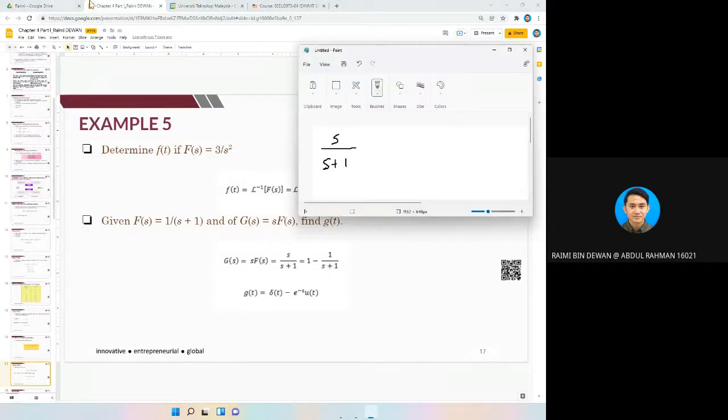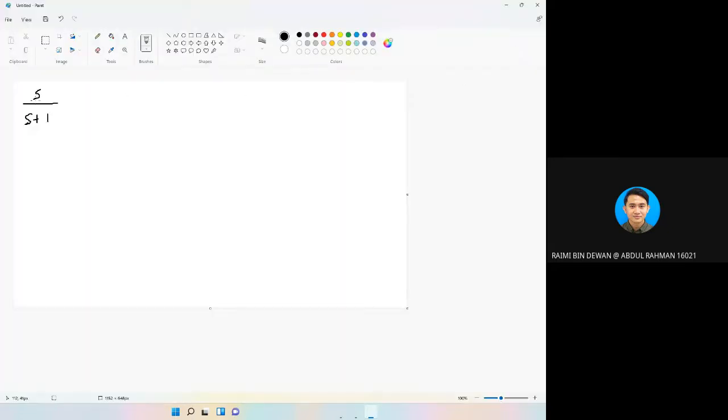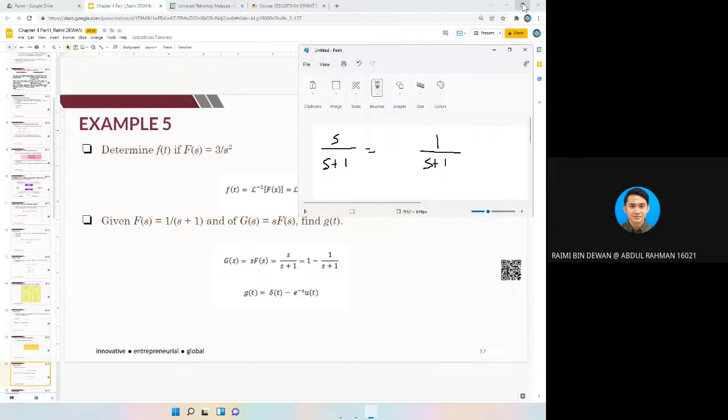This is one of the steps shown in the previous flow. So what can you do in order to have this s plus 1? How to obtain that, to transform from here?